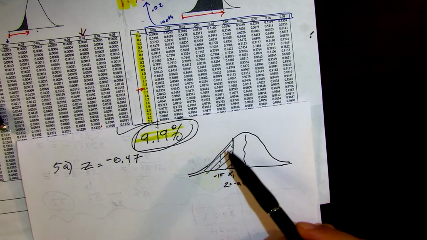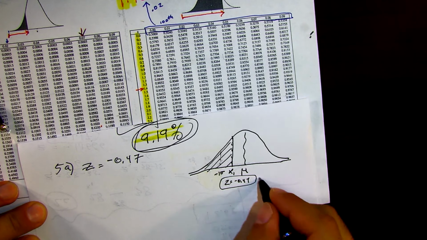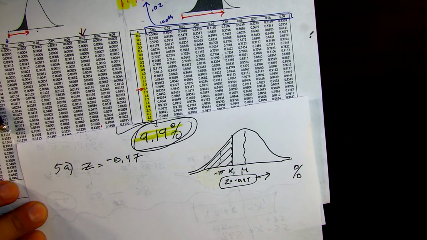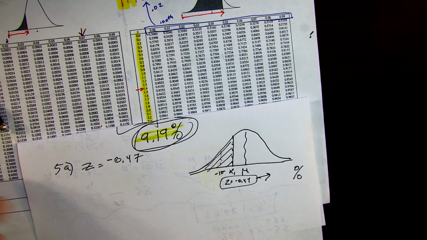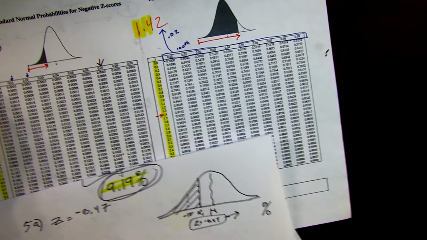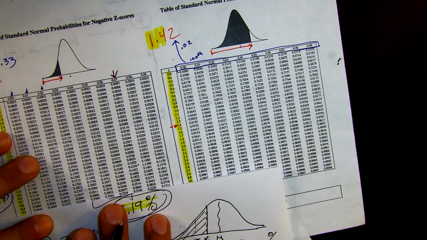So let's look at this. We are going to look at our line here. And looking real close, if you couldn't see before, I'll try to zoom in again. So we're looking for negative 0.47. So I'm at negative 0.4. I need to add 0.07 to it. Here's my 0.07 column. So we end up right here, this value right there.